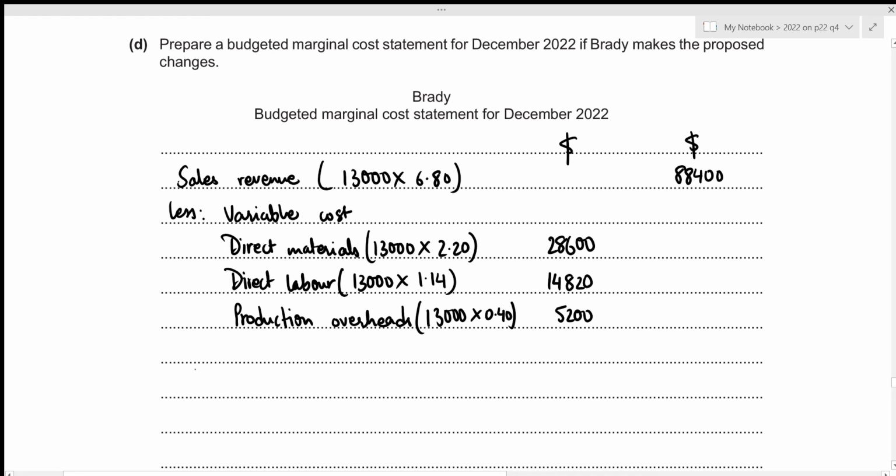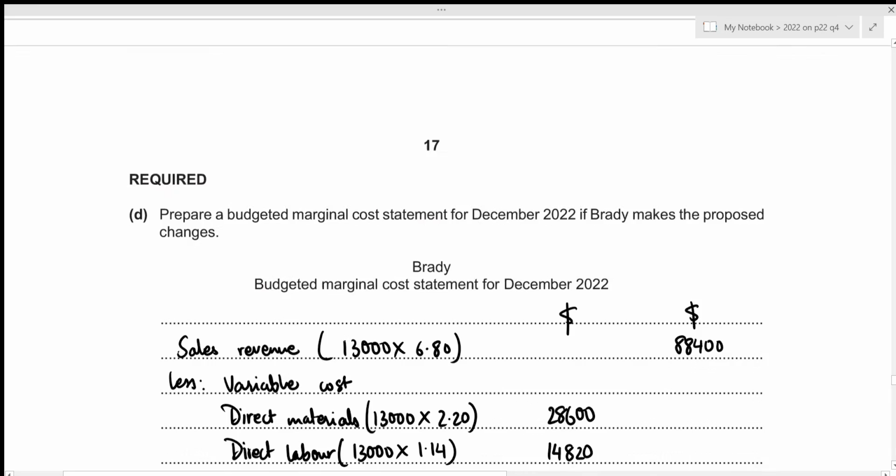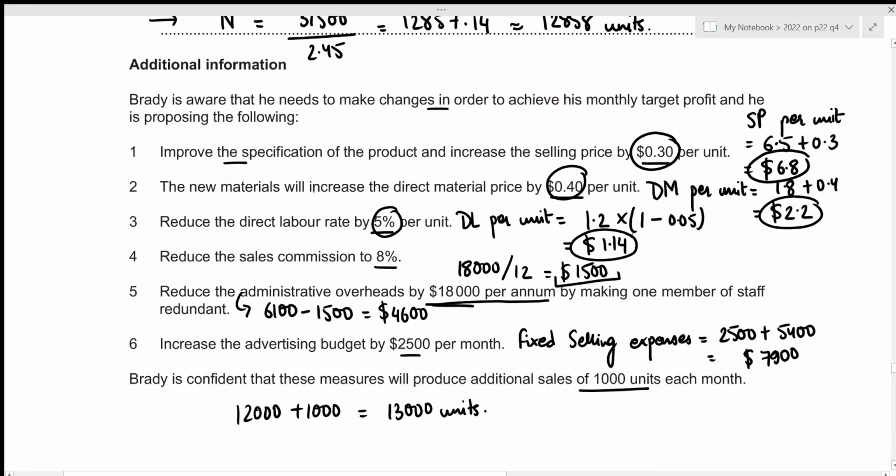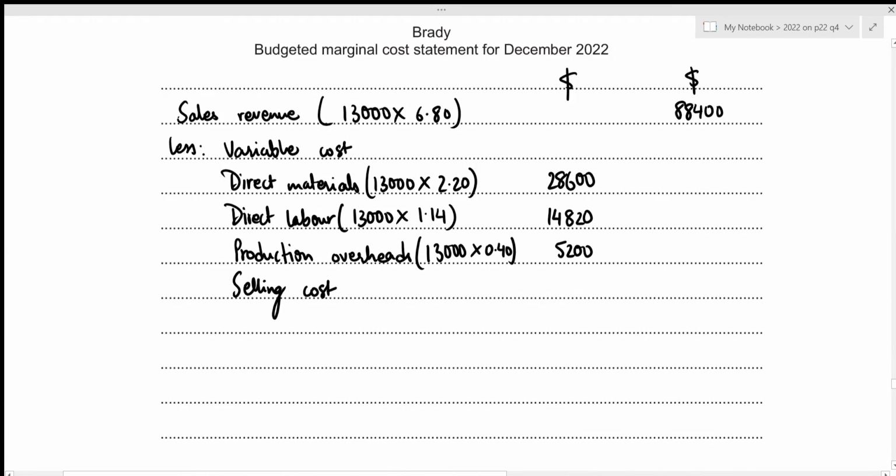Then the next variable cost we have is the selling cost or the commission, right? And let's have a look above. We were told that the sales commission were now to be 8%, and this 8% is of the total sales revenue, right? So let's figure out the selling cost.